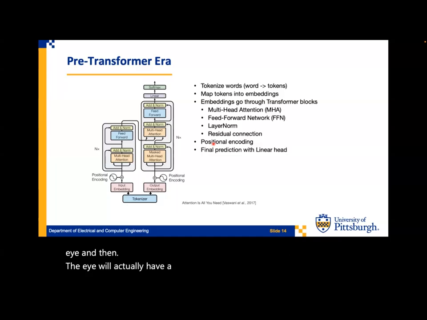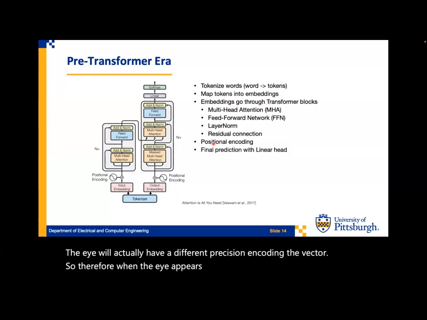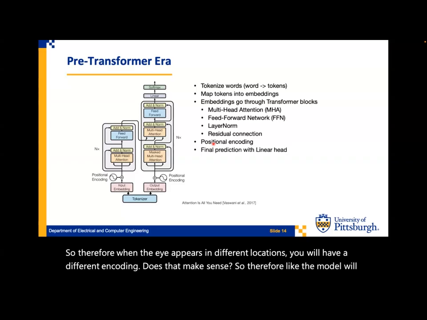So when the "I" appears in different locations, you will have a different encoding. Does that make sense? Therefore the model will know exactly where this "I" is.